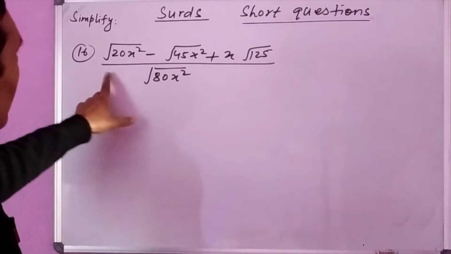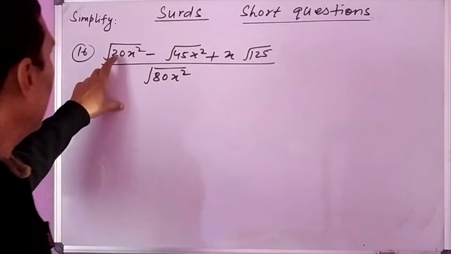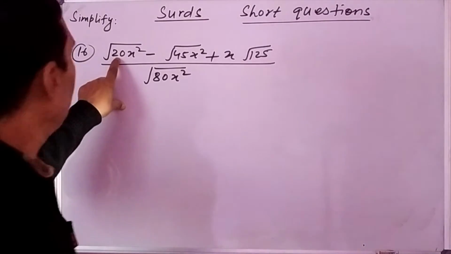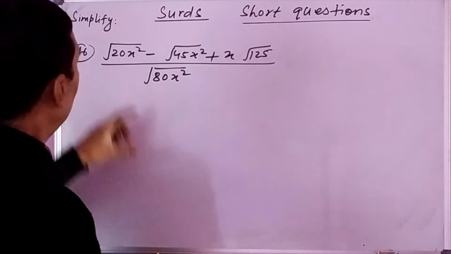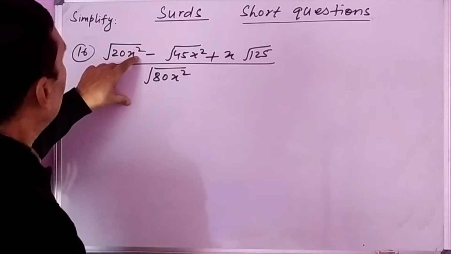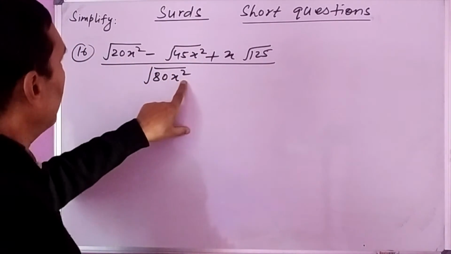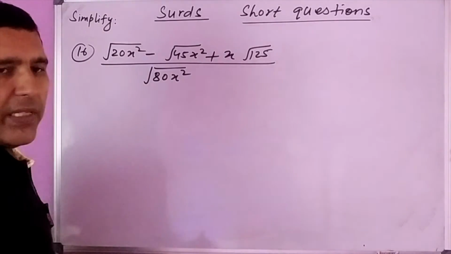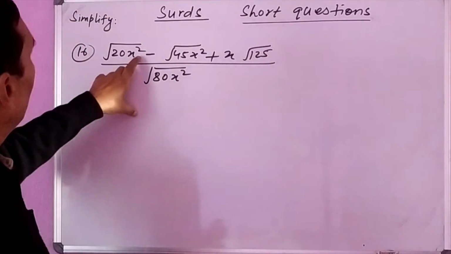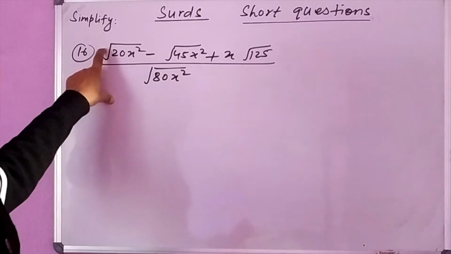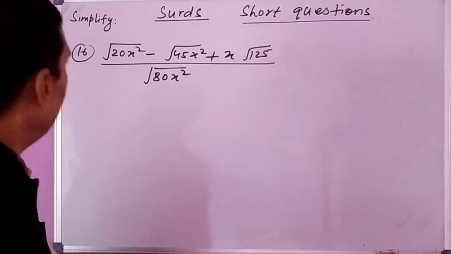Now the order of each surd is 2 here. So we try to get the square of the factors of the radicand. This x is already in the form of square, x square, here also x square, so x can be taken out directly because this power of x is equal to the order of the surd.